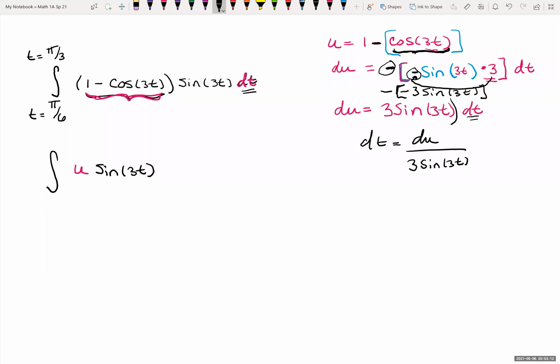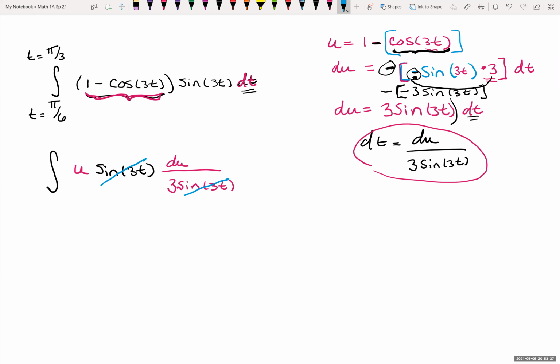So we have that u times sine of 3t, and now we're going to rewrite what dt is, and we just saw that dt is this. So we write du all over 3 sine of 3t, which is nice because we can't have any variable t left in our integrand, and so these sine 3t's cancel.